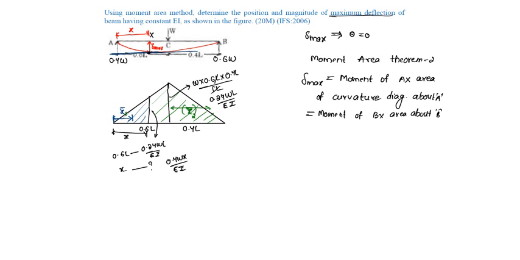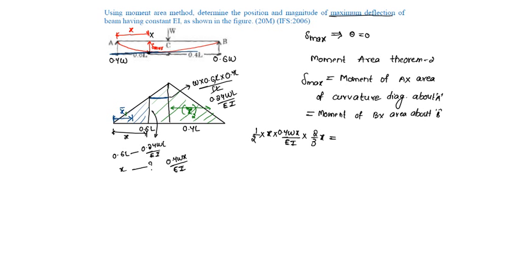So equating that, let us give the moment of the AX area: half base is x into height is 0.4 WX by EI into centroidal distance will be 2/3 of x, equal to the moment of the other area. Let us divide this into a small triangle and a rectangle.